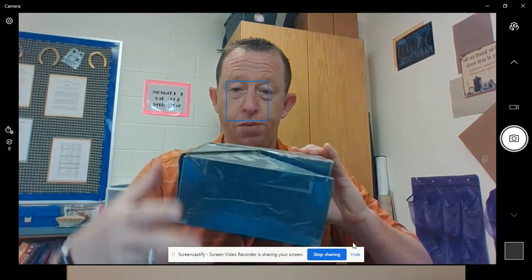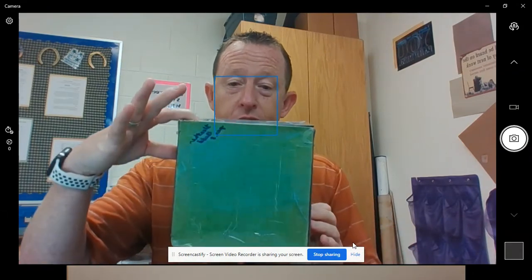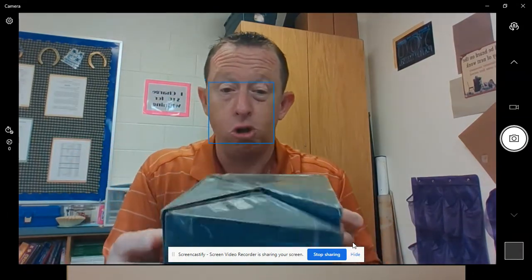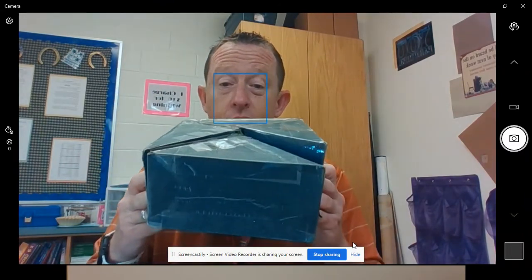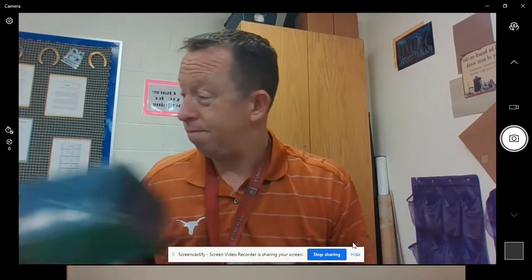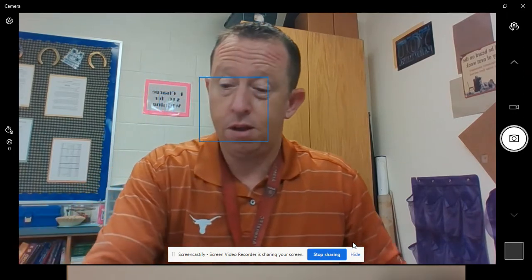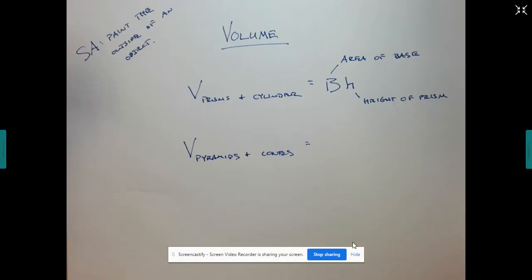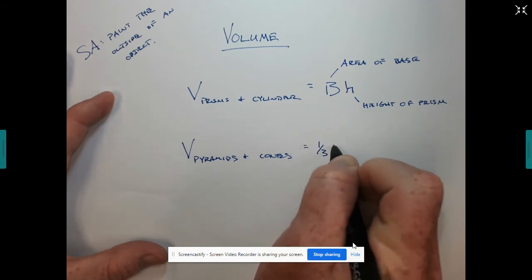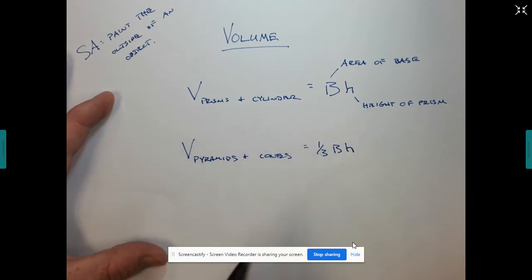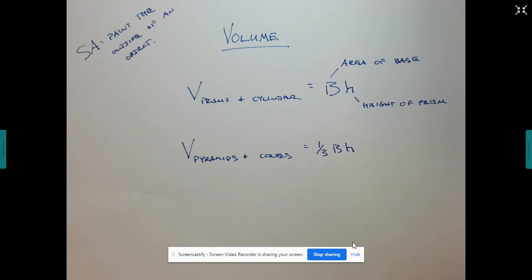So if each of those pyramids has the same base and the same height, if I wanted the volume of just that green one in the middle, then I just need to take the volume of this divided by 3. So our formula ends up becoming the exact same formula here, except I just want 1/3 of the value. If I can make that computation, I am home free, and I can do volume of anything I need.